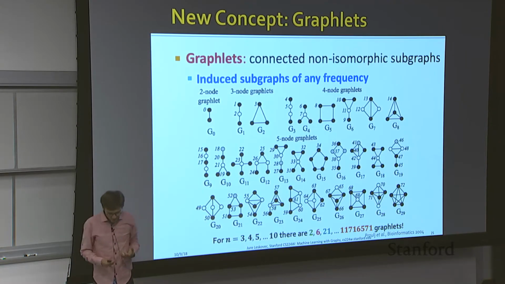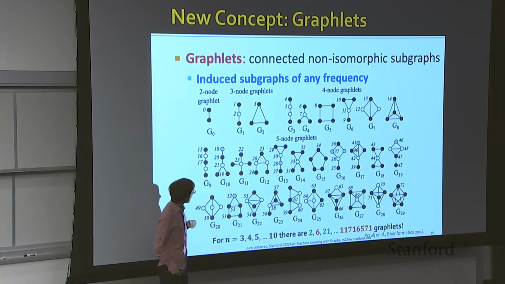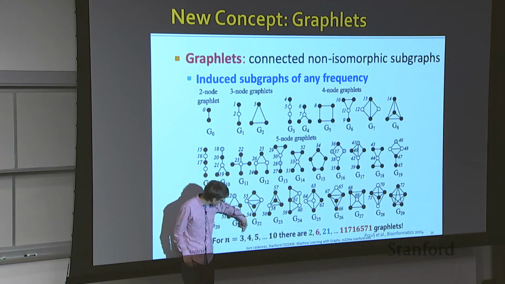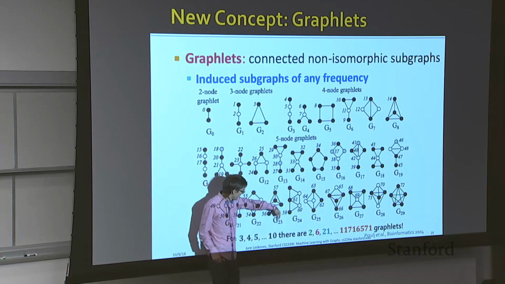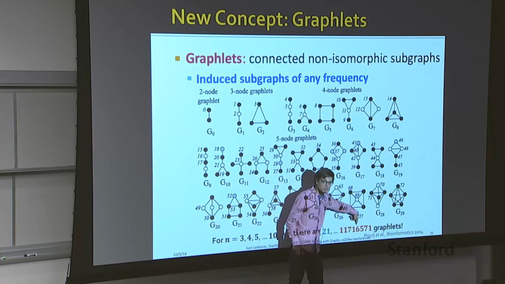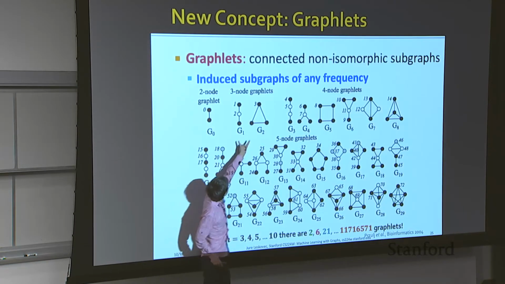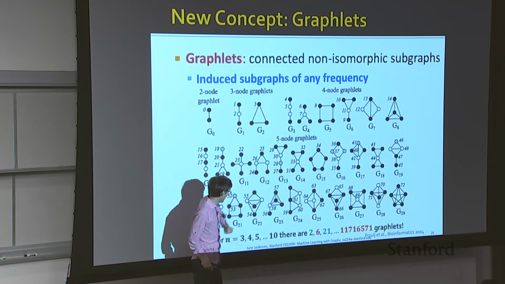Okay? So these are all 5-node graphlets, and there are 72 of them. You see that as I increase the size of the graph, the number of graphlets also increases, right? For 3 nodes I should have 2.